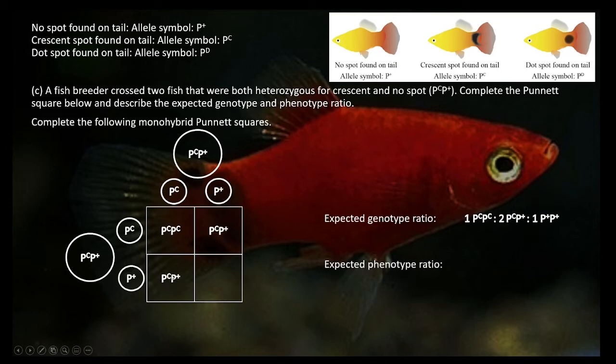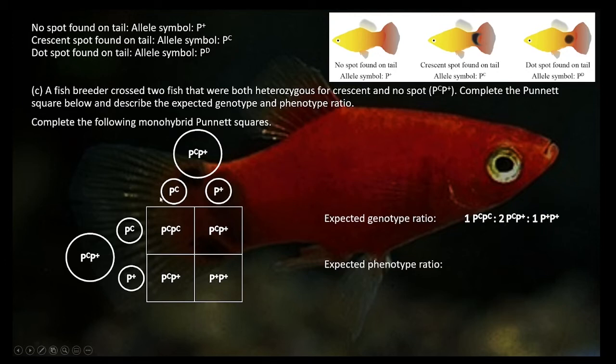This one is a heterozygote as well, and it's also crescent. And this one is homozygous recessive or no spot. So our expected genotype ratio is 1 homozygous dominant, 2 heterozygotes, there they are, and 1 homozygous recessive.